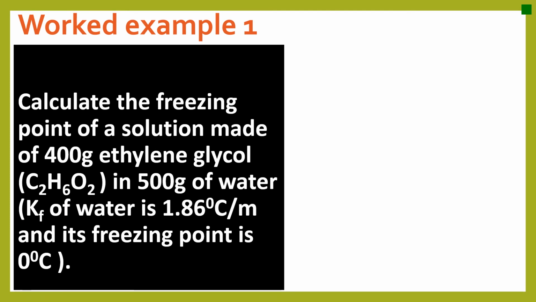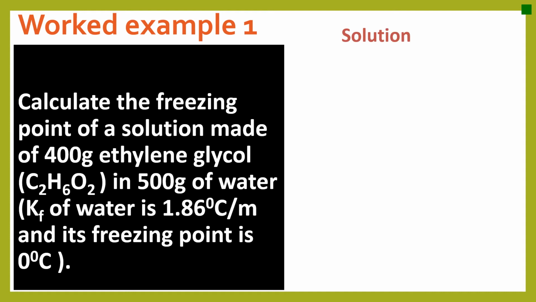We are asked to calculate the freezing point of a solution made up of 400 grams of ethylene glycol, C2H6O2, in 500 grams of water. Kf of water is 1.86 degrees Celsius per molal, and its freezing point is 0 degrees Celsius.